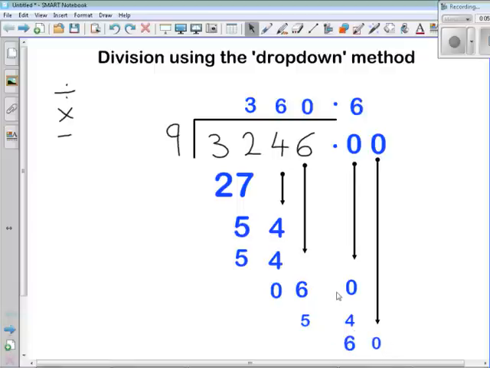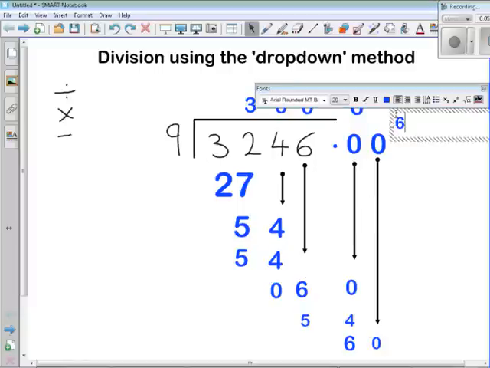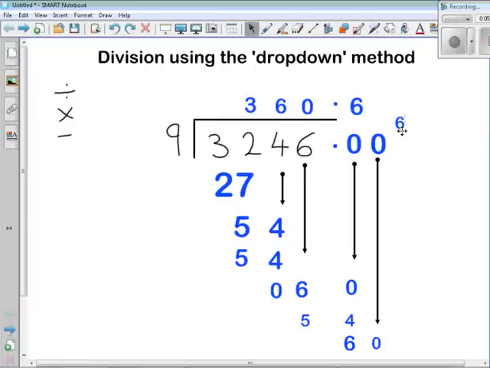Now, you can probably see there's a pattern forming here. So once again, 9s into 60, they're going to go 6 times. Pop our 6 up there. There it is.